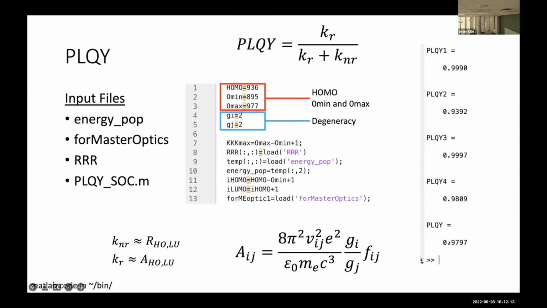For this code, we use the average value for the near degenerate band gap transitions as our photoluminescence quantum yield, which is why we have 4 values here and then a final value. So we calculated for HOMO to LUMO plus 1, HOMO minus 1 to LUMO, HOMO minus 1 to LUMO plus 1, and then take the average of that value. And that's the end of my presentation.